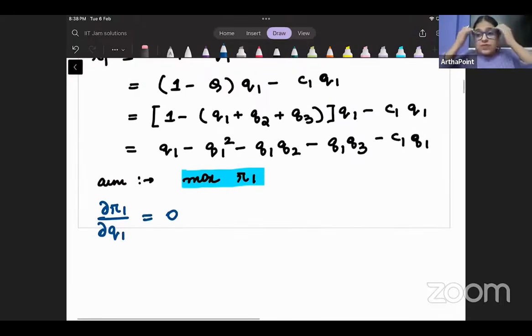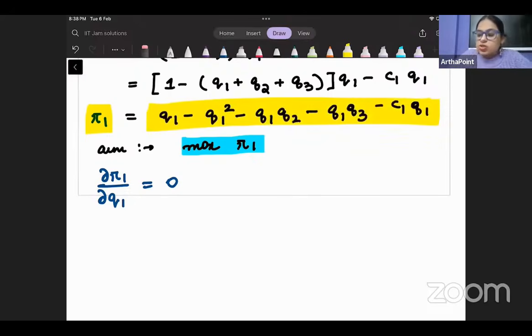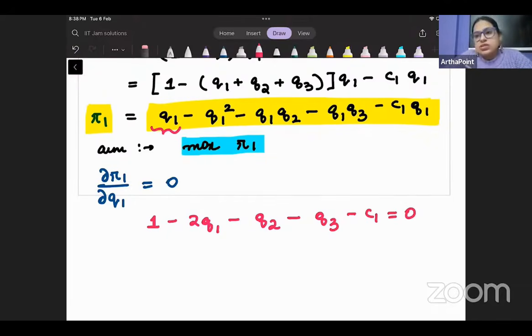The differentiation of Q1 will be 1, Q1 squared will be 2 Q1, Q1 Q2 will be Q2, Q1 Q3 will be Q3, C1 Q1 will be C1, equal to 0.